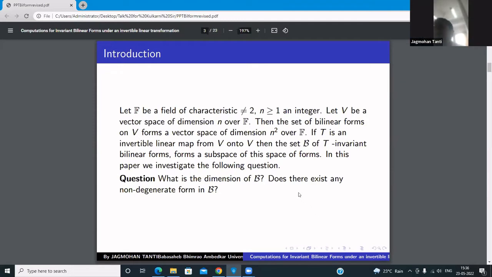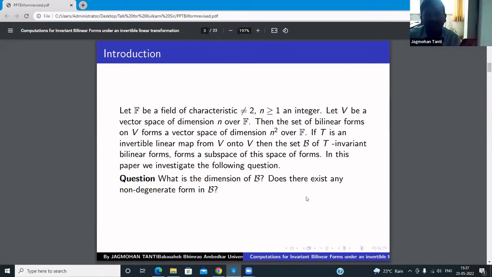Then the set of bilinear forms forms a vector space over F. If we take one invertible linear map T from V to V, then the set of T-invariant bilinear forms is a subspace of the space of bilinear forms.